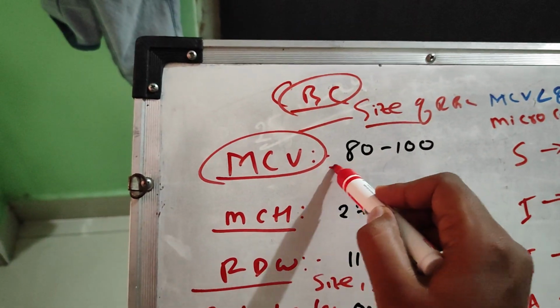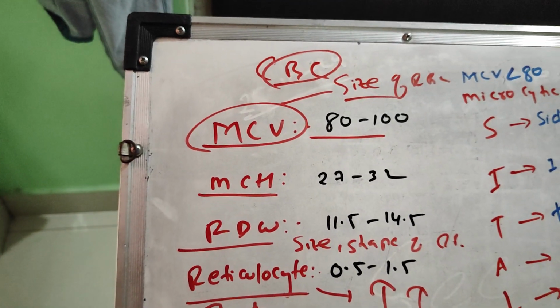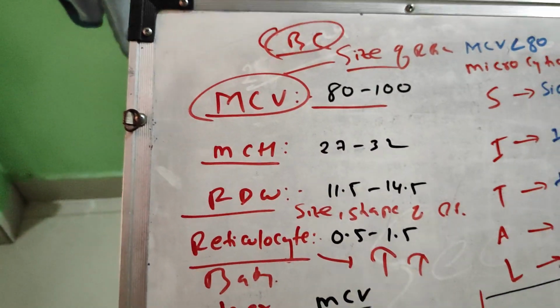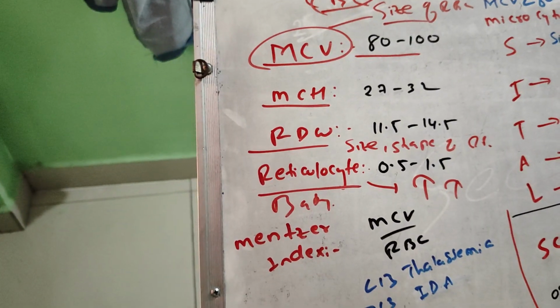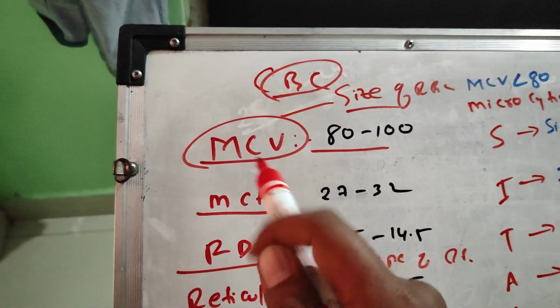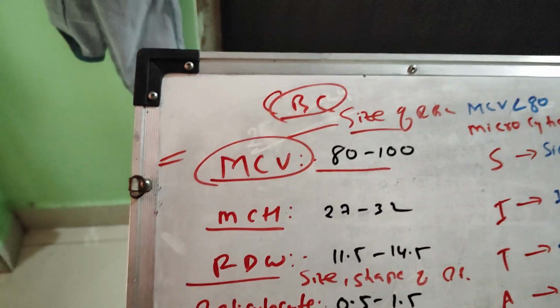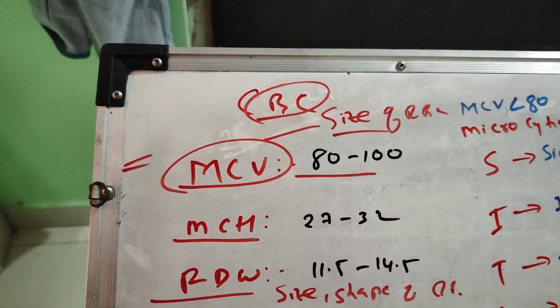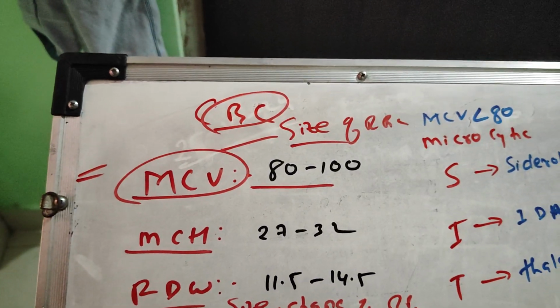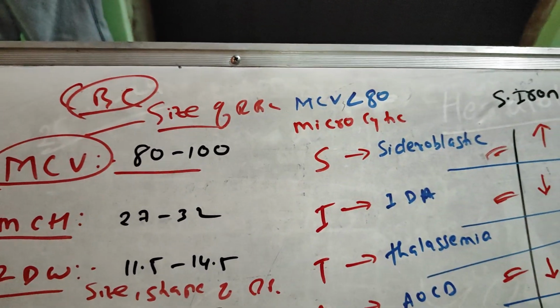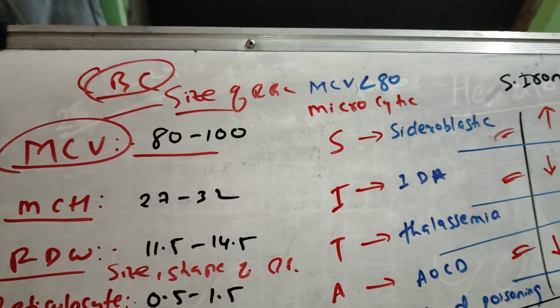It is 80 to 100, and the MCH is 27 to 32. So guys, first of all you have to see the MCV in every CBC report. If MCV is less than 80, it means it is a microcytic anemia.